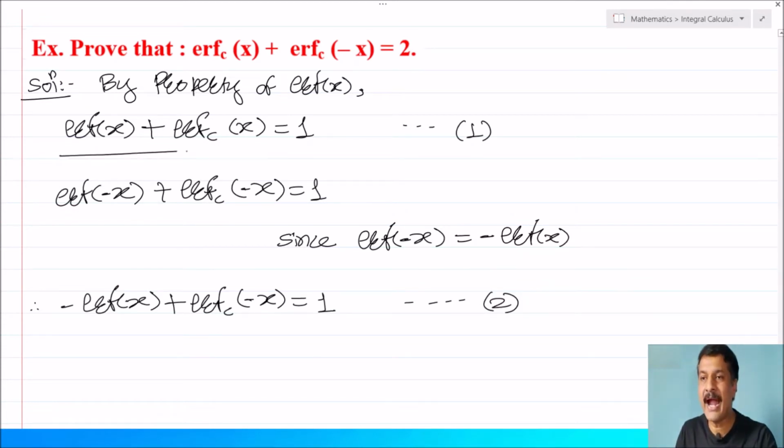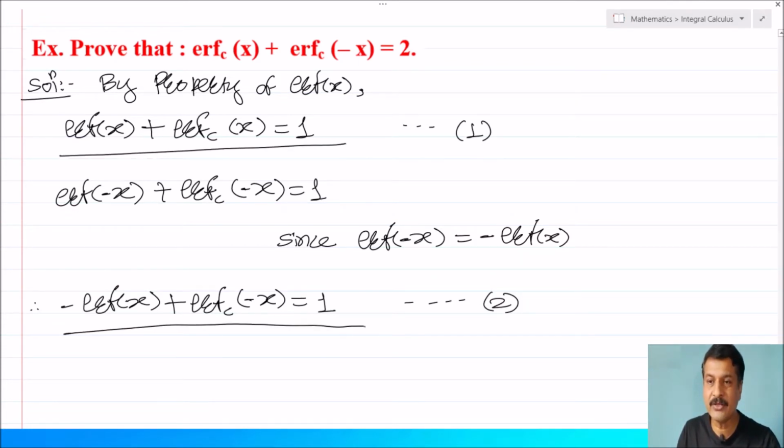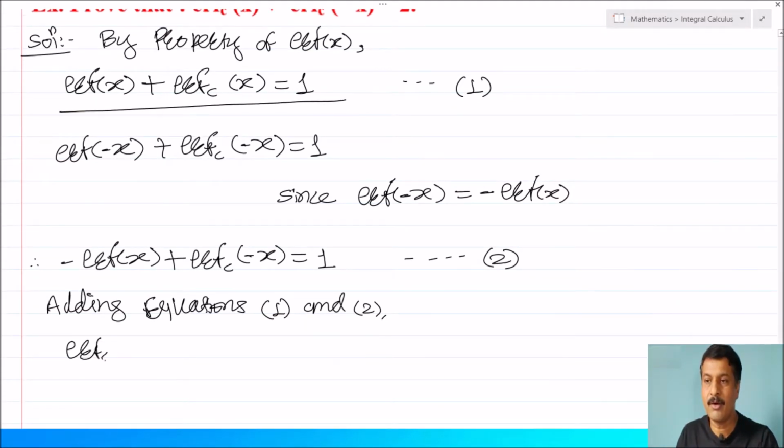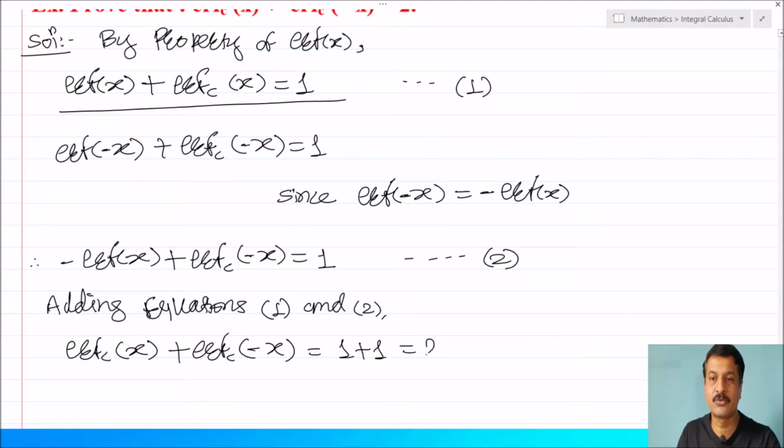So if we add equation 1 and equation 2, what do we get? This and this get cancelled because of the plus and minus sign. Now this plus this, that is equal to 1 plus 1. So adding equation 1 and 2, it gives complement of error function of x plus complement of error function of minus x equal to 1 plus 1, that is equal to 2.